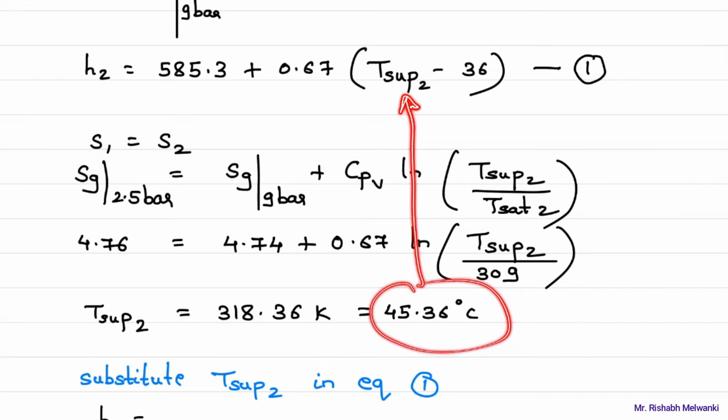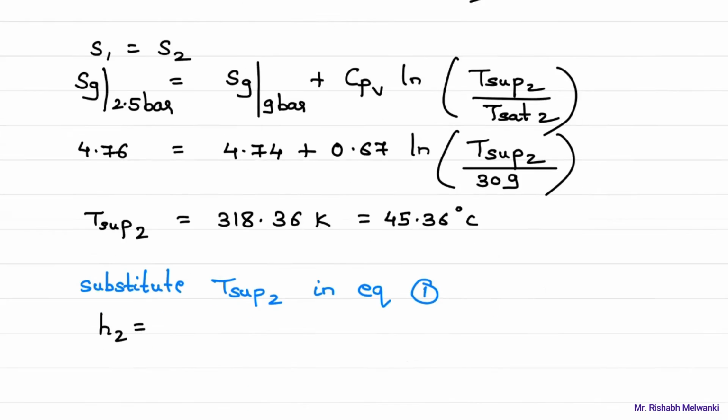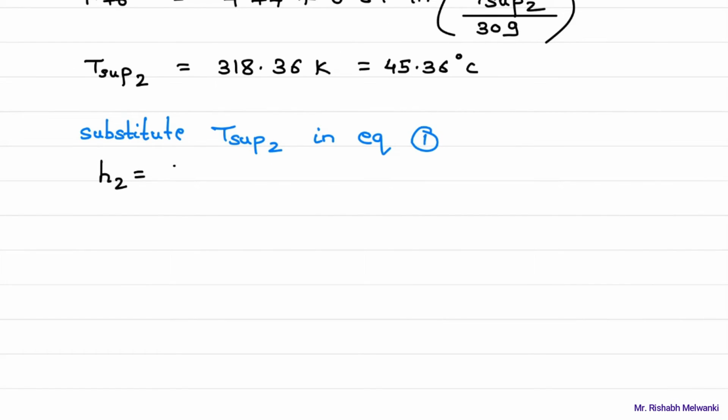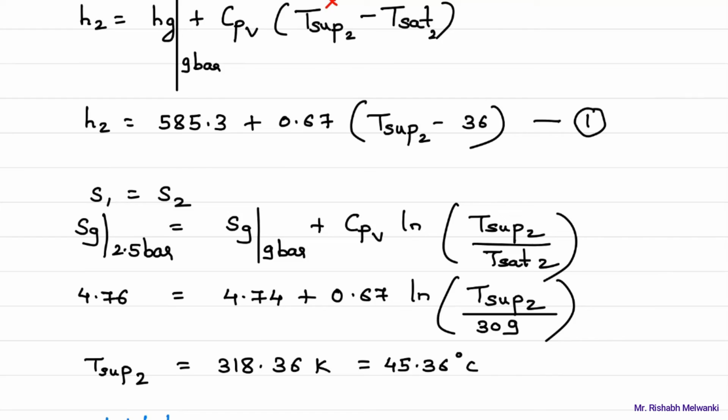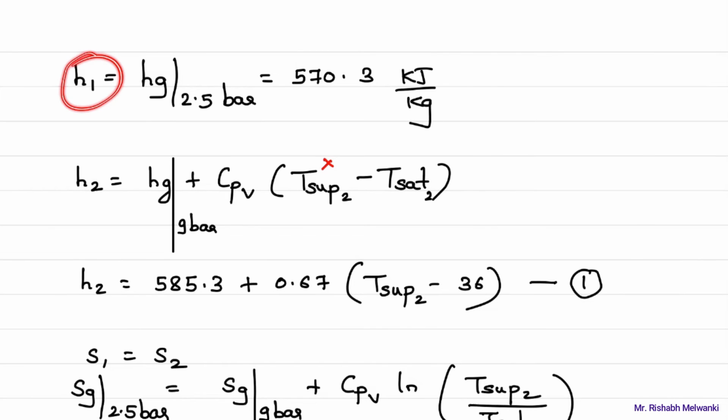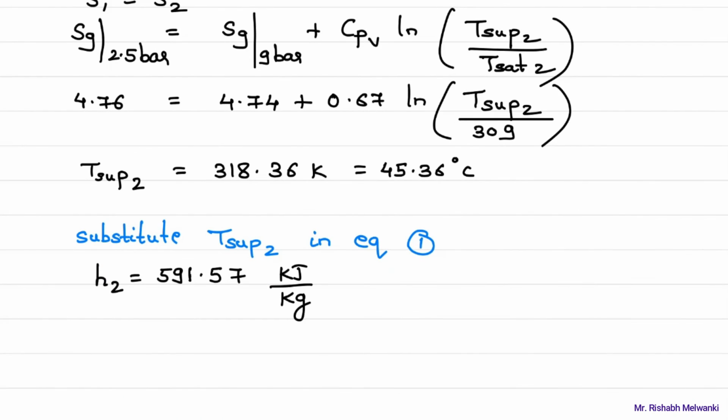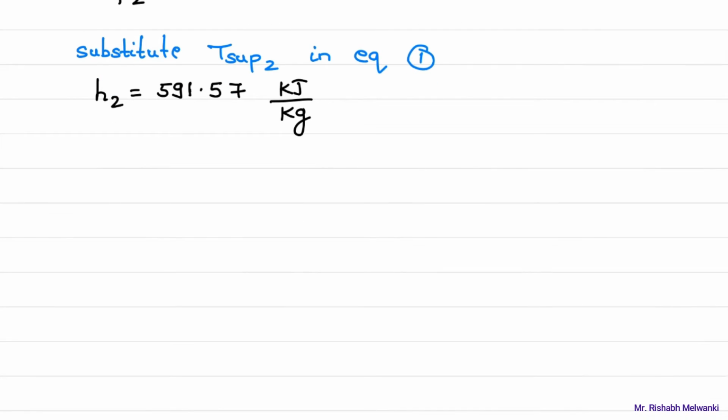What value of H2 are you getting? So H2 is 591.57, the unit is kilojoule per kg. It is specific enthalpy. So now we have found the enthalpy of point 1, we have found the enthalpy of point 2. Next will be the enthalpy of point 3, H3.